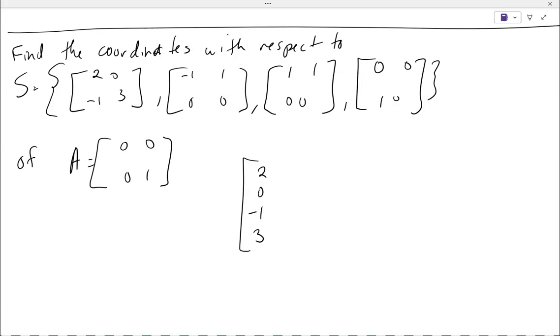As soon as I write it that way, I better do the other ones in the same exact order, right? So the next one would be negative 1, 1, 0, 0. The next one would be 1, 1, 0, 0. The last one would be 0, 0, 1, 0. And then your final column will be 0, 0, 0, 1.